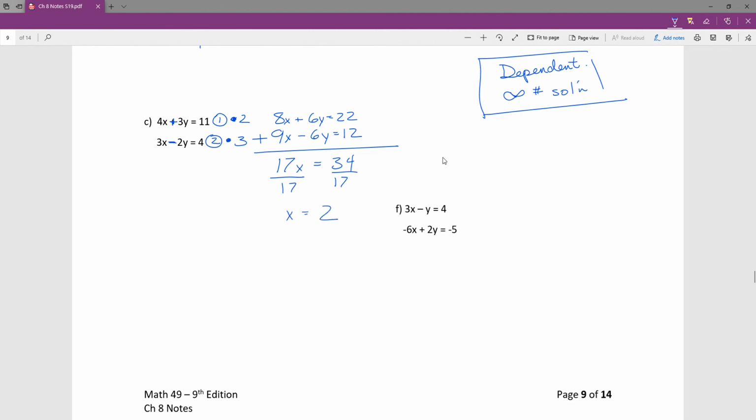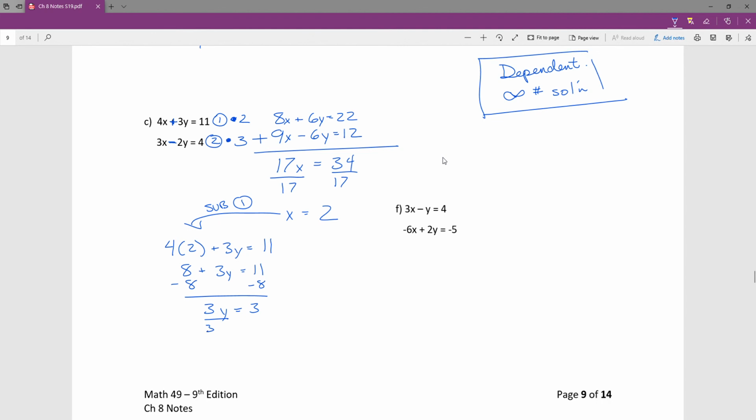Now I can take that x equaling 2 and sub it into any equation I want. I'm going to sub it into equation 1. So where I see the x in equation 1, I'm going to write in a 2. So 4 times 2 plus 3y equaling 11. Solving for y now, I'd have 8 plus 3y equaling 11. Minus 8 on both sides, I get 3y equaling 3.